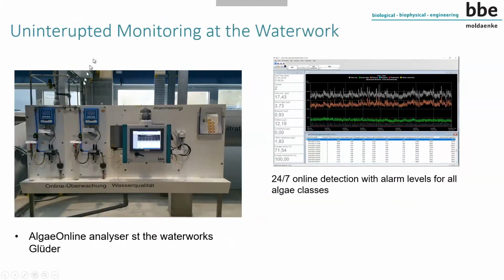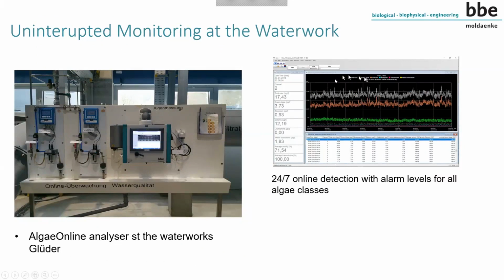Then they said, okay, we have to monitor this Planktothrix rubescens, and they bought an algae online analyzer at the waterworks in Gülenda. Here you see this algae online analyzer, pH and turbidity are on this side. It's an online analysis of this water body.